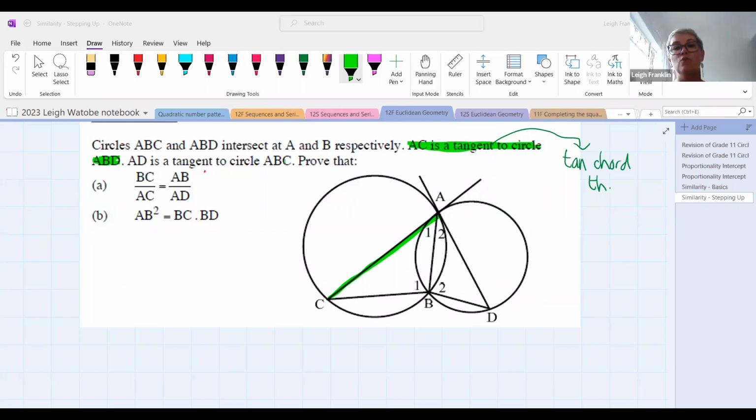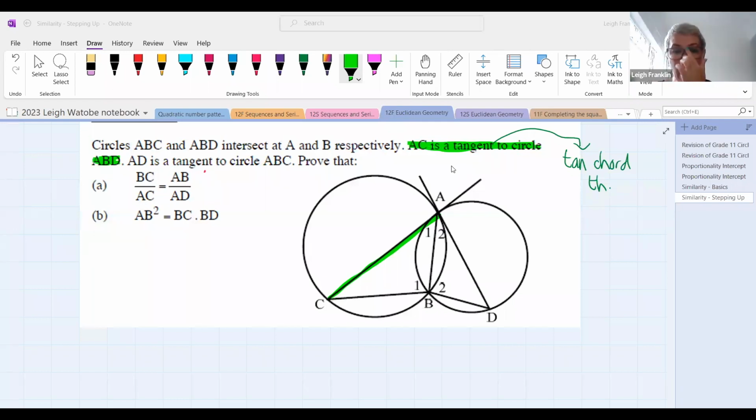What other line is also a chord? There are two chords. AC, okay, but that's in the other circle. Remember, AC is a tangent to ABD. We're trying to look for tan chord theorem here. BD is also a chord, AB is a chord, absolutely.